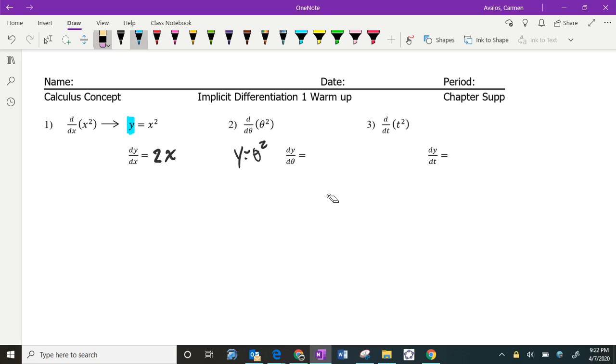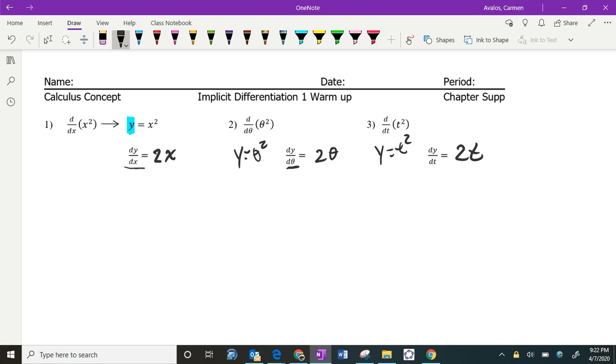And so we know that's going to be 2 theta, because we're taking it with respect to theta. Here we're taking it with respect to x. There's an x. We're taking the derivative with respect to theta. That is a theta, so we do the normal derivative. Here is the same thing. Now here we're taking the derivative of this function, and y is equal to t squared. So that's why we have y is changing with respect to time. It's a t, so we just say 2t.